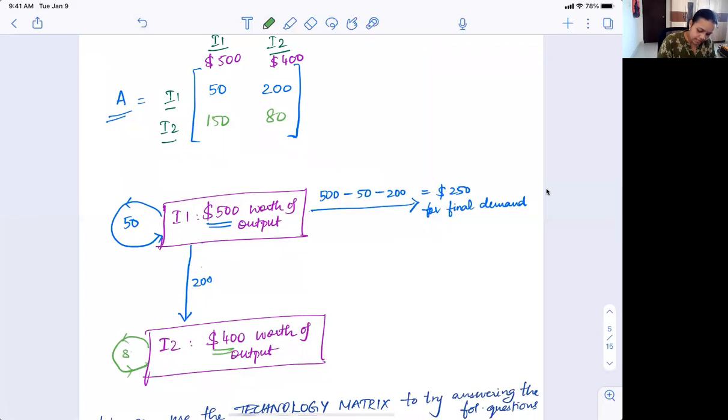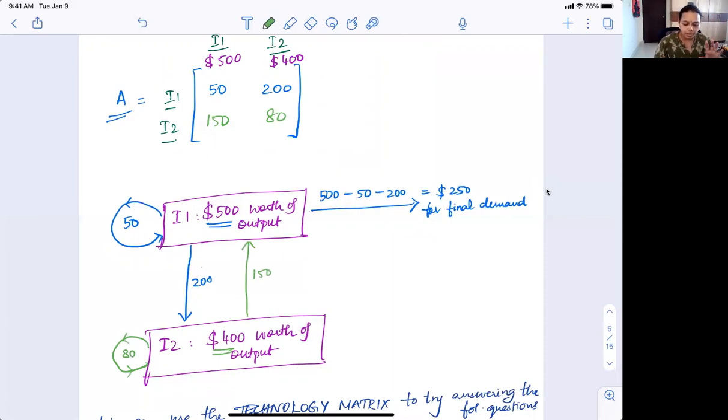And then $150 worth of output from the second industry goes into producing I1's output.